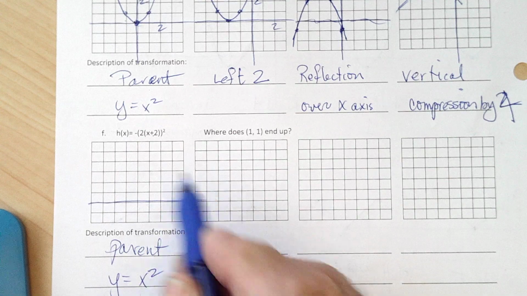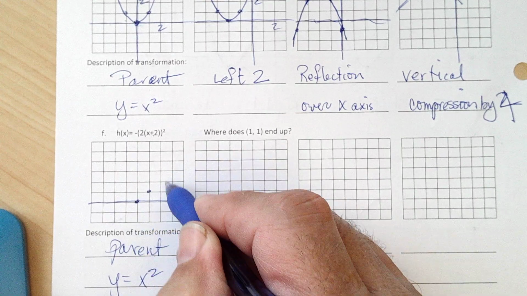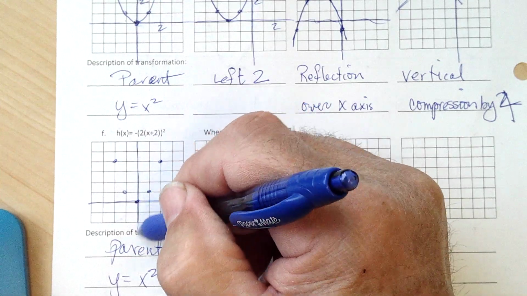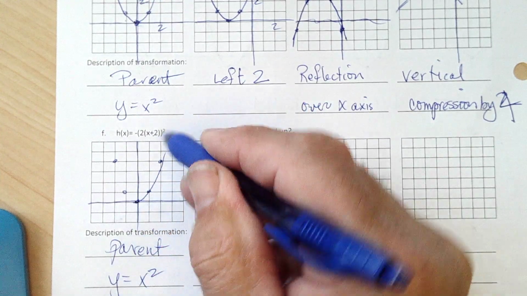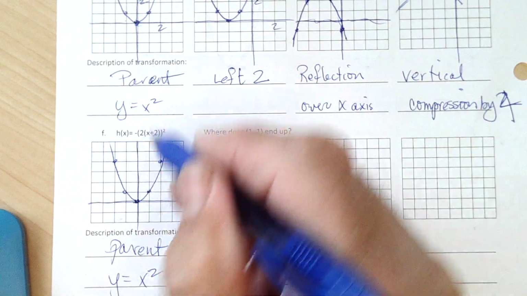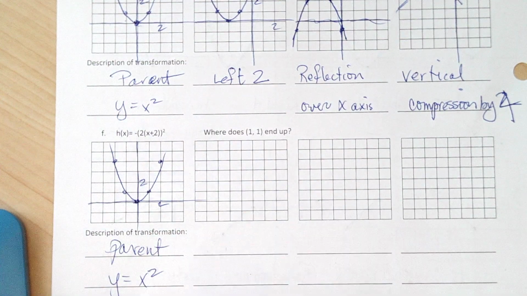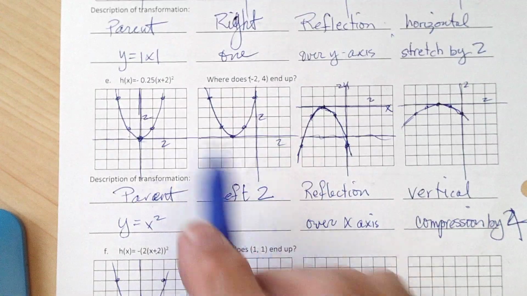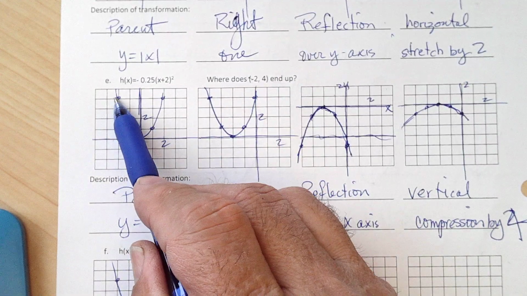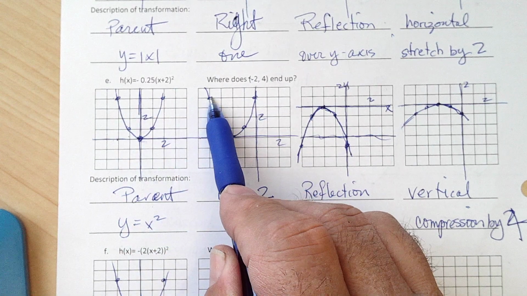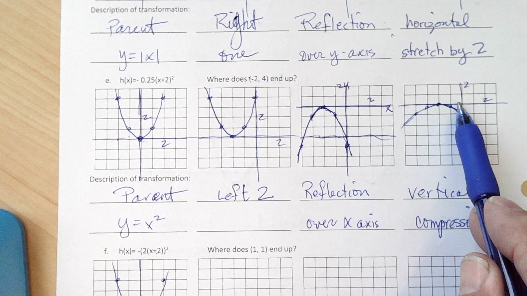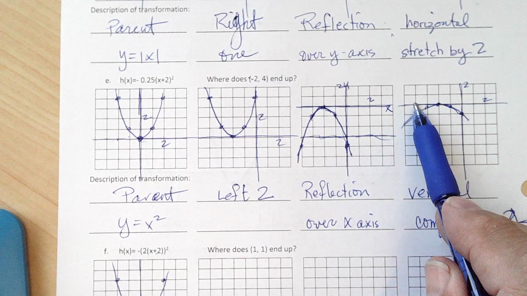So 0 squared is 0, 1 squared is 1, 2 squared is 4. I didn't say where the negative 2, 4 goes. Negative 2, 4 went to here, went down to here, and then went up to there. So it's at negative 1, 2, 3, negative 4, negative 1.